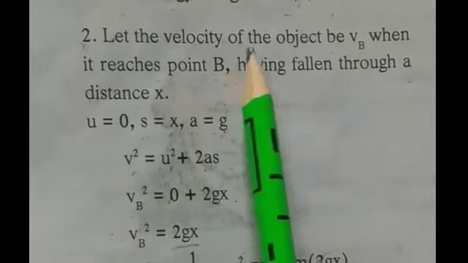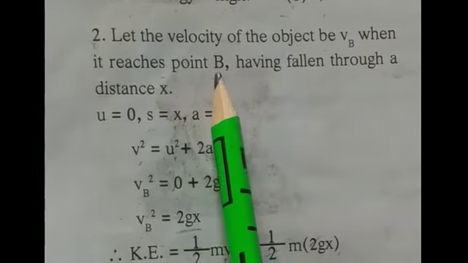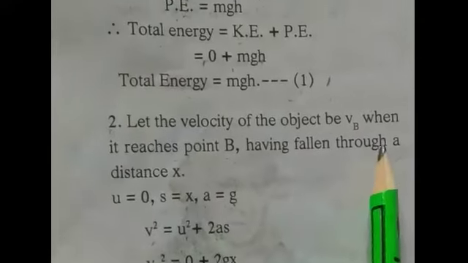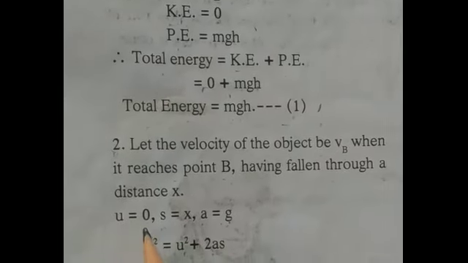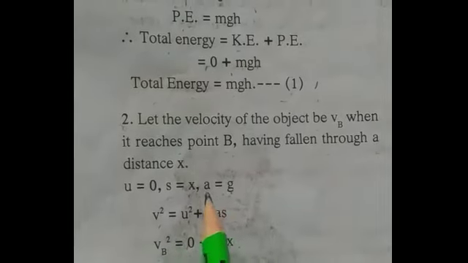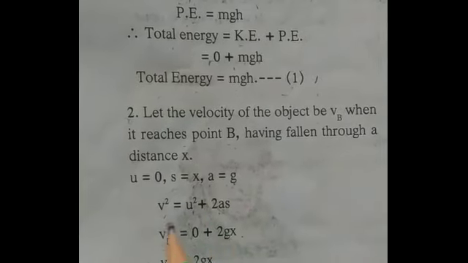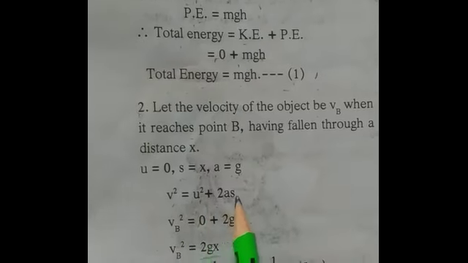Let the velocity of the object be vb when it reaches the point B, having fallen through a distance x. Now initially u is equal to 0, s is equal to x and a is equal to g. Now our formula is v square is equal to u square plus twice as.